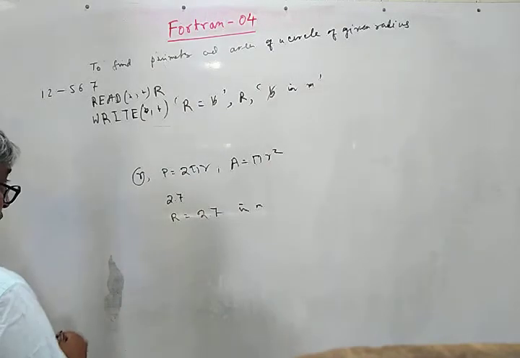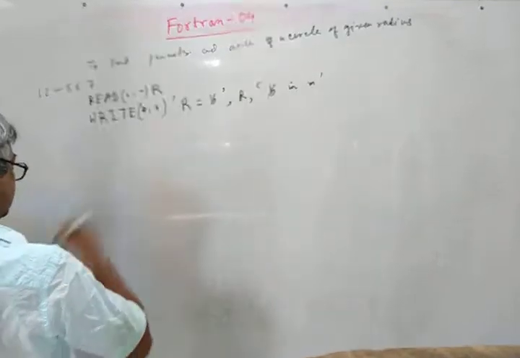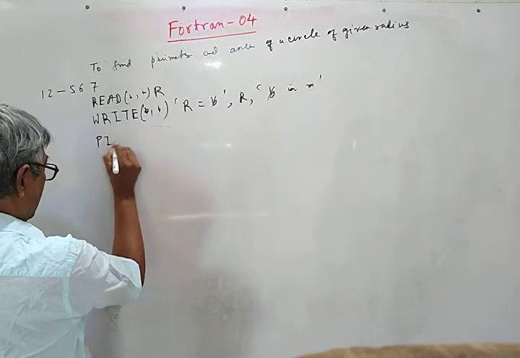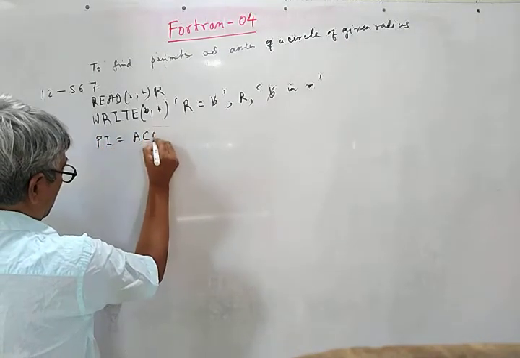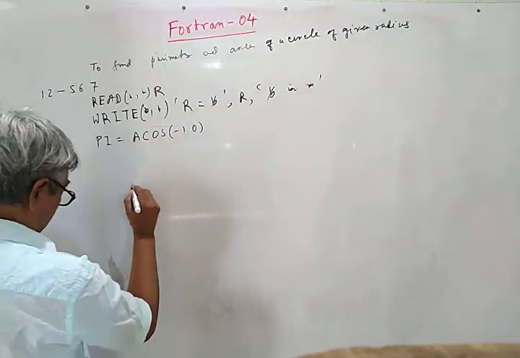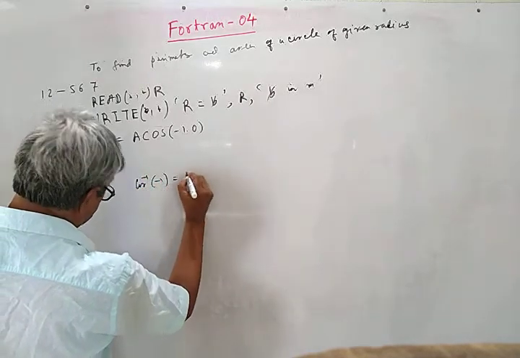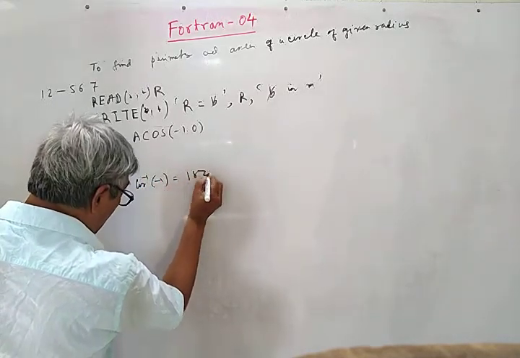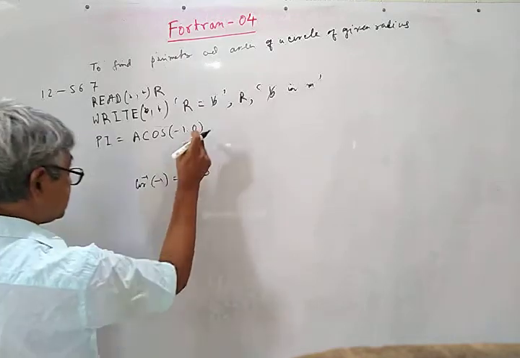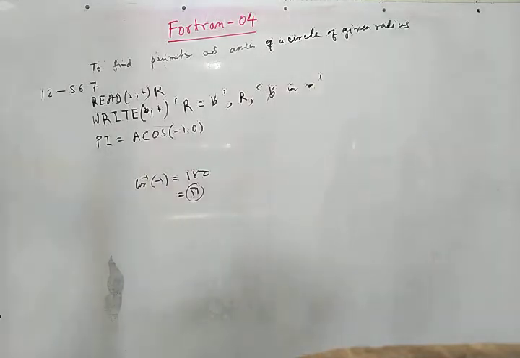Then we need to calculate pi. So pi, we write pi as a cos inverse of minus 1.0, because cos inverse of minus 1 is 180 degree, or it is pi, because this result is obtained in radian, as I have stated in connection with library functions.